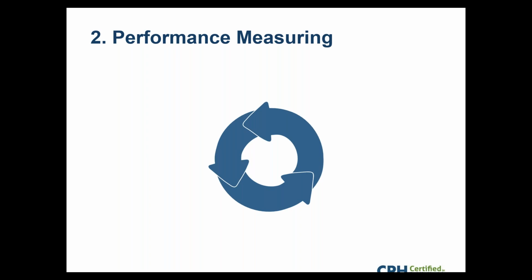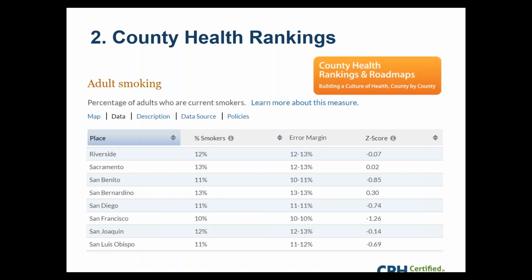So, for example, the county health rankings. You can go and look up where you are on these county health rankings. For example, here is adult smoking, the percentage of adults who are current smokers.